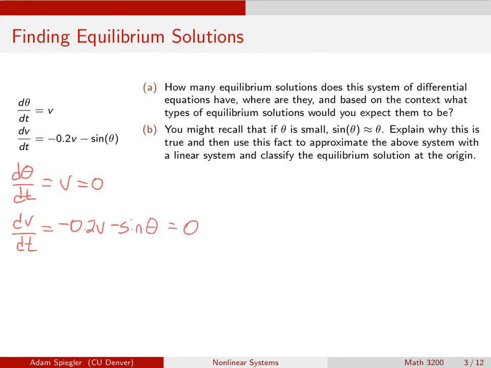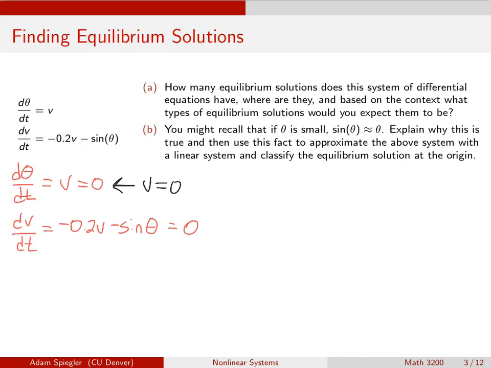And so we can see from this equation over here, very trivially, that first of all, the velocity needs to equal 0. If the pendulum has any velocity which is non-zero, its position is going to change as time goes on. So certainly it wouldn't be considered an equilibrium condition.